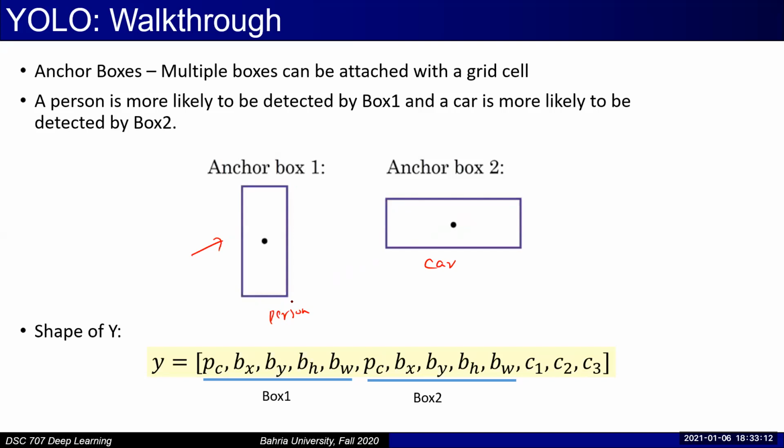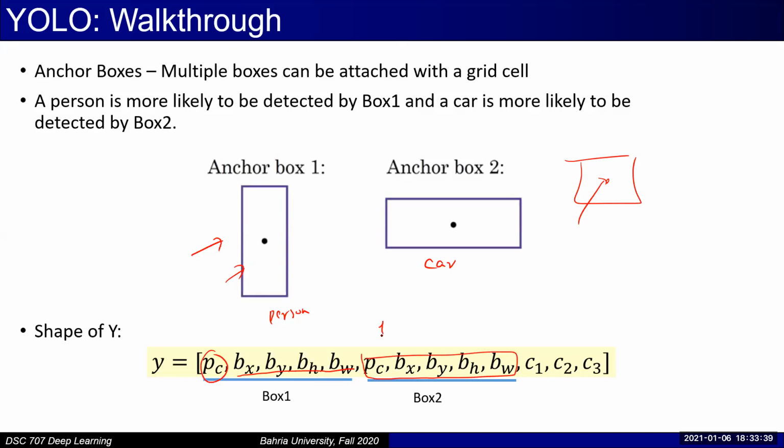So now our label Y will change, because I will have two boxes. We are talking about one grid cell. For this grid cell, for box 1, I will have whether this box contains an object, and the coordinates x, y, height, and width. Similarly for box 2, I will have 5 values.